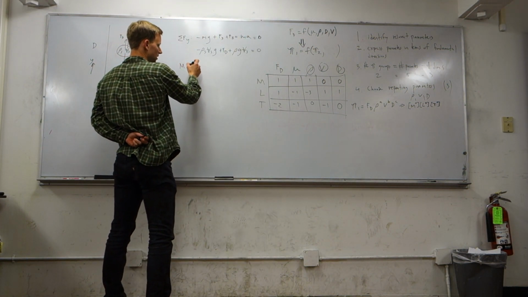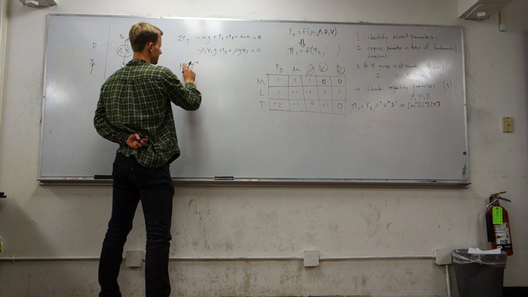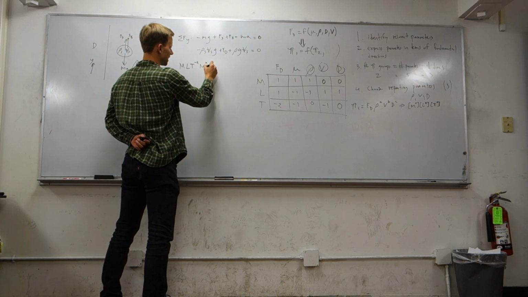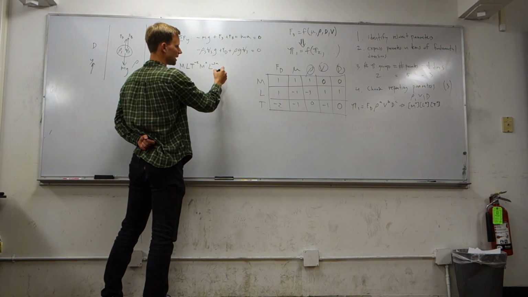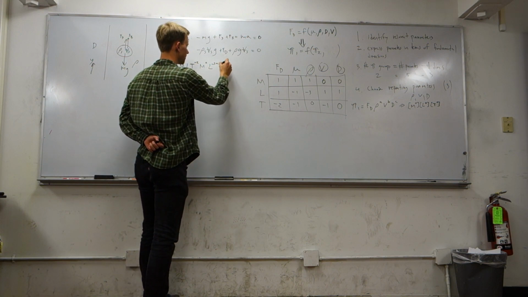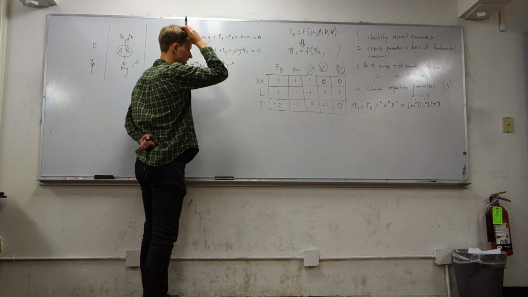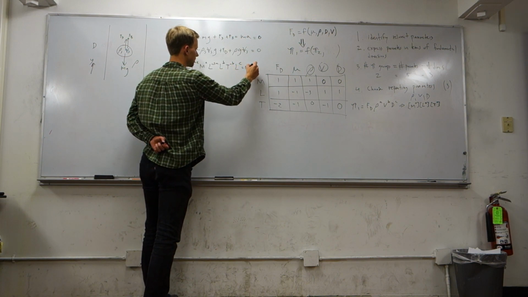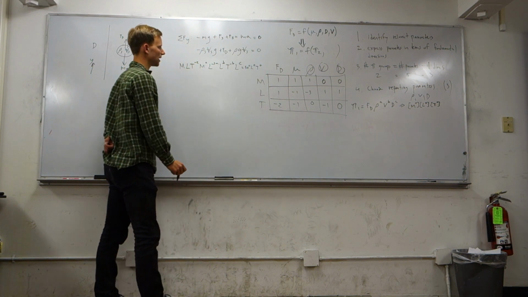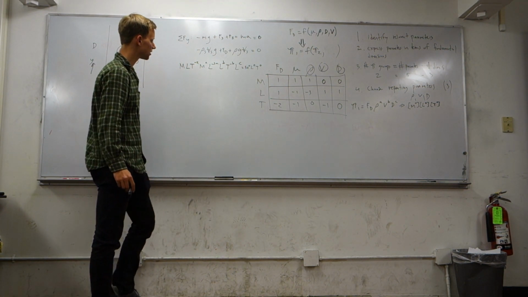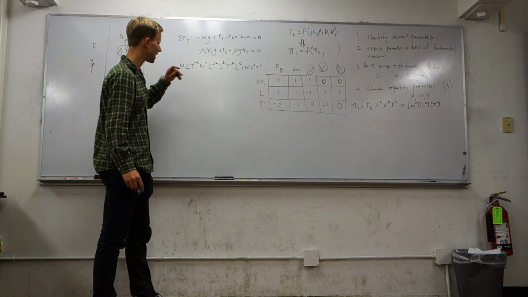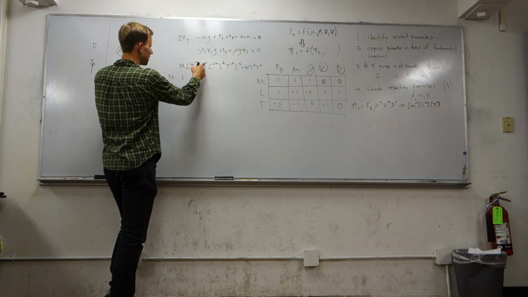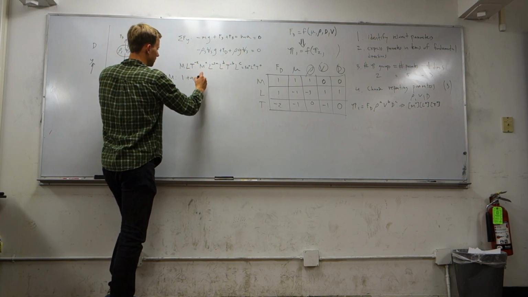So this becomes mass, length per time squared, this is my drag force, times density, which is mass to the a, L to the negative 3a, times velocity, which is length to the b, t to the negative b, times diameter, which is L to the c, and this equals m to the 0, L to the 0, t to the 0. So now I can add up my exponents, and I have three equations, one for mass, one for length, and one for time. So balancing my exponents in mass, I have 1 plus a equals 0.